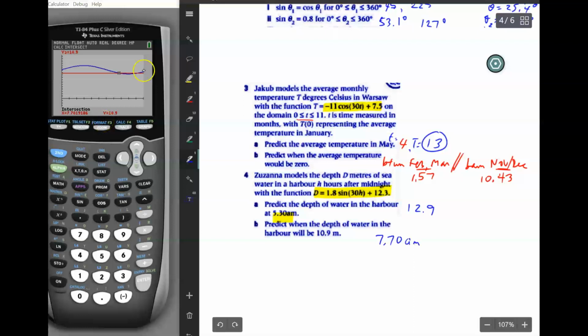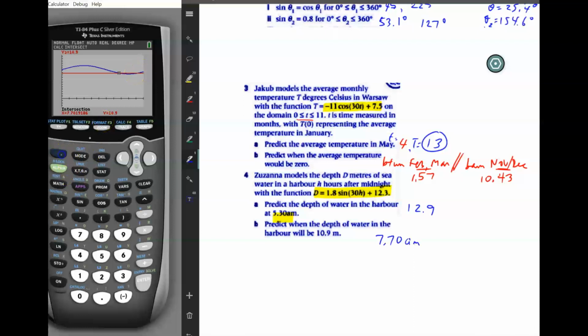Okay, and then the one that's right next to it, we want to know that one too. So we'll do second calc intersect, number 5. The first curve is the blue one, yes. Second curve is the red one, yes. And our guess, we want to put something a little bit more to the right. Let's say something like 9. Oh no, that wasn't close enough. We need to go a little bit more to the right.